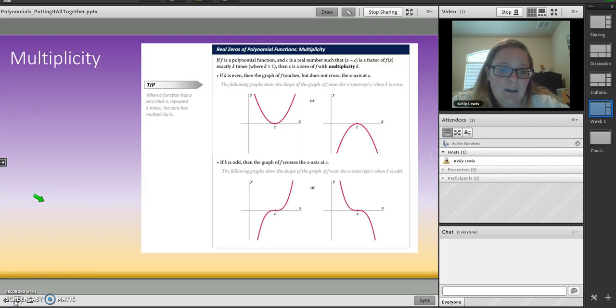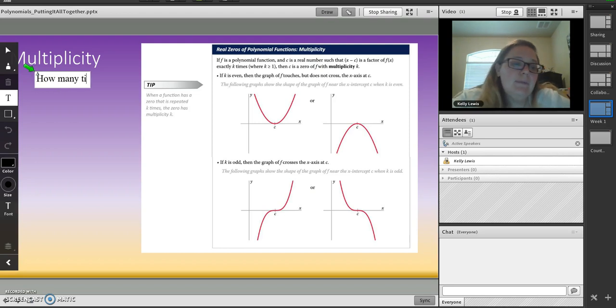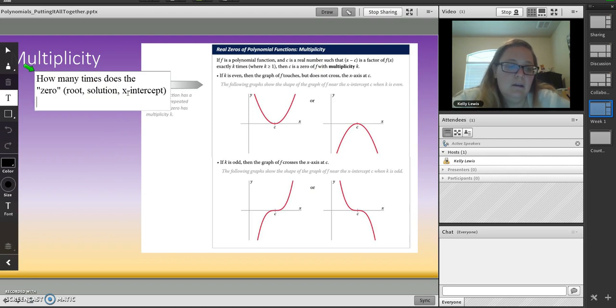Okay, multiplicity refers to, does it touch? No. Multiplicity refers to basically how many times the number 0, which is the same as root, solution, x-intercept, occurs.